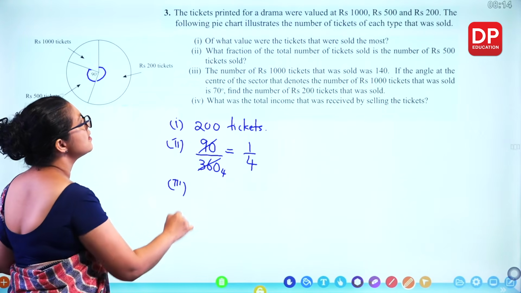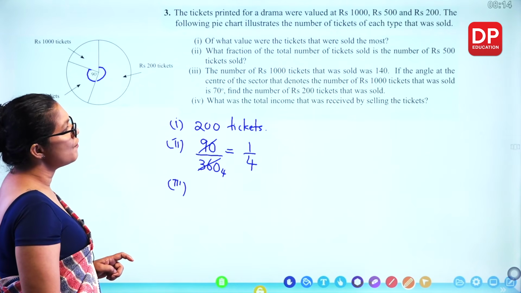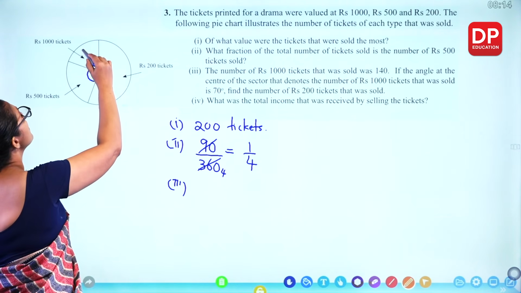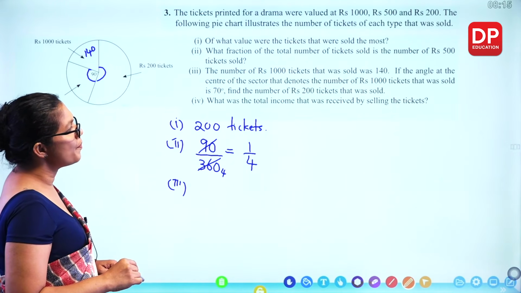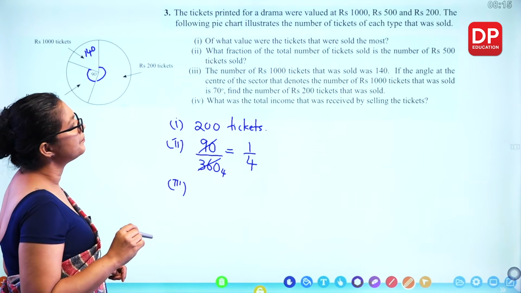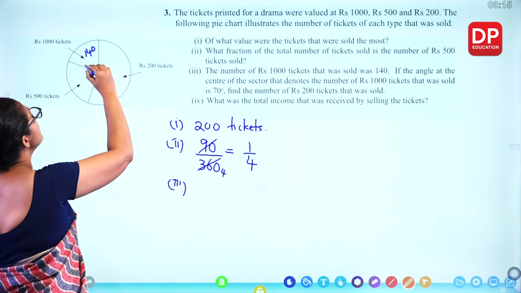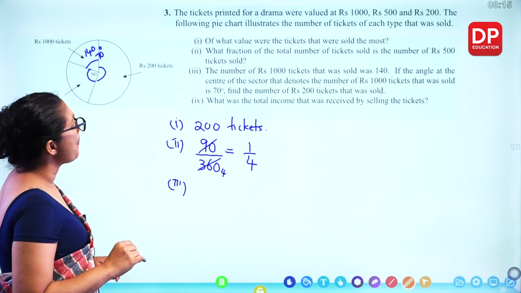Third part, the number of 1000 rupee tickets that was sold was 140. So here it's given 140 tickets sold for 1000 rupees, and the angle is given as 70 degrees.